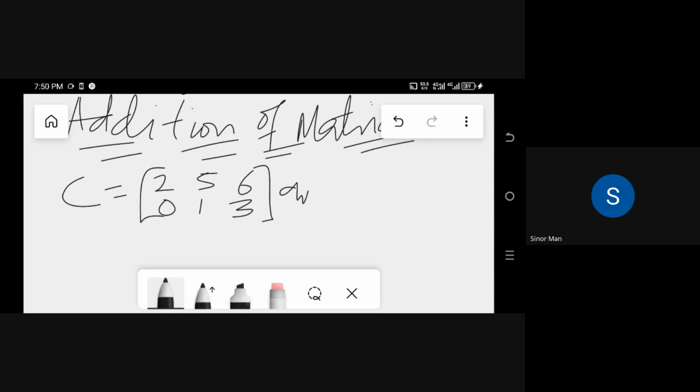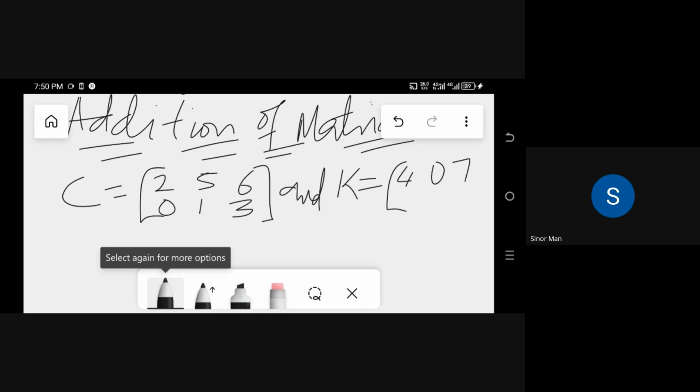And then we have another matrix. Let's call this matrix K, and say matrix K is 4, 0, 7, 2, 6, and 8.